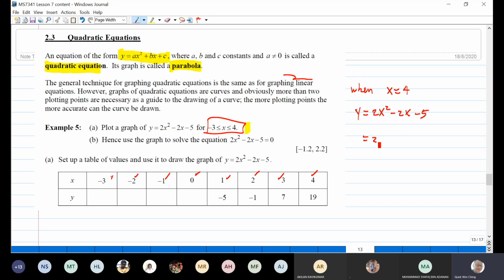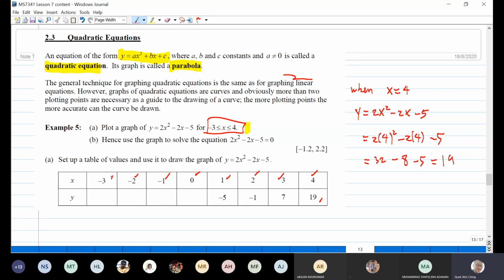When x equals 4, you get 2 times 4 squared minus 2 times 4 minus 5. 4 squared is 16, times 2 is 32, minus 8 minus 5, you get 19. That's how you get 19 here.